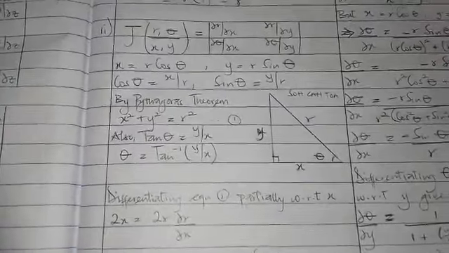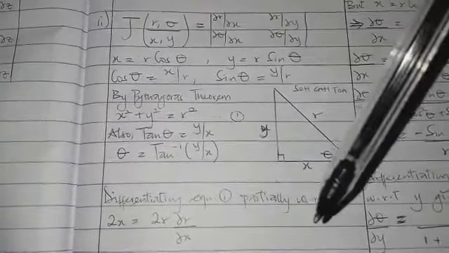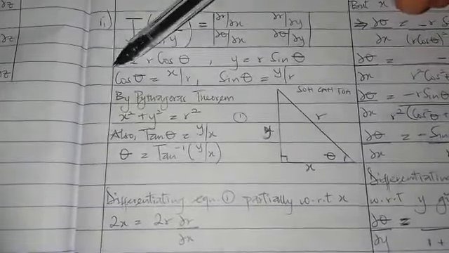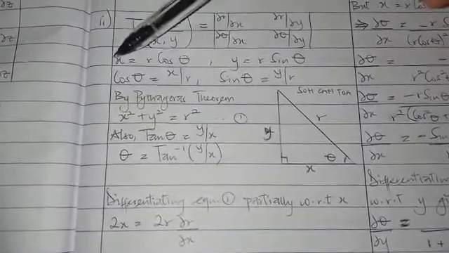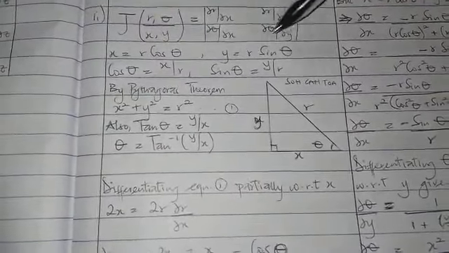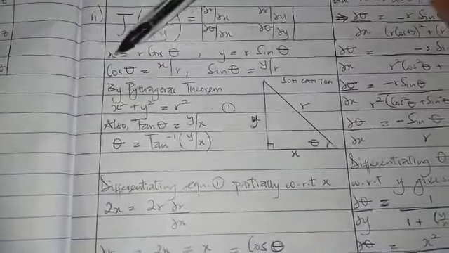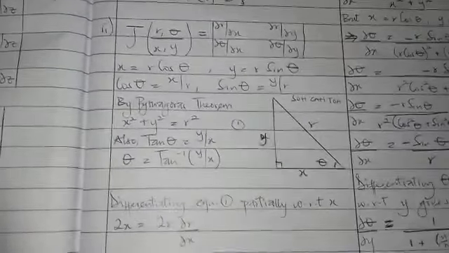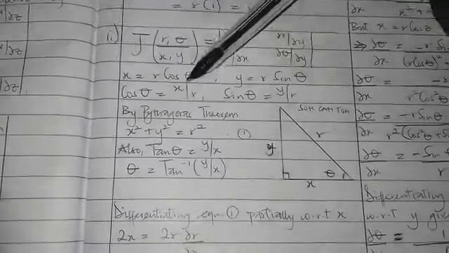We have to join them. Because x is now a differentiable function of r and theta. So x is a function of r, x is a function of theta. y is also a function of r, and y is a function of theta. But here r is separate, here is separate. It is in this form now.